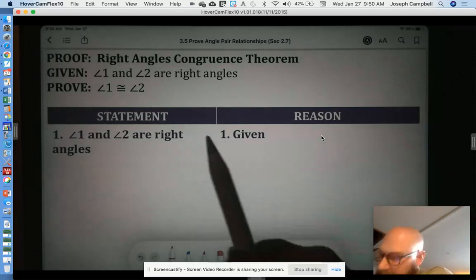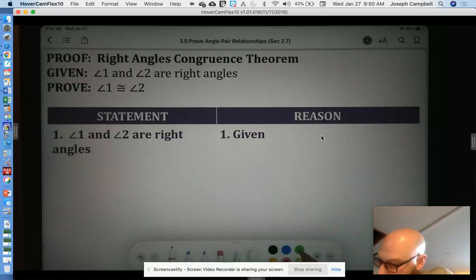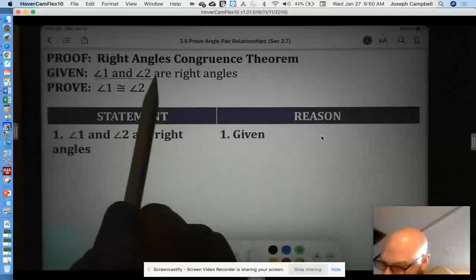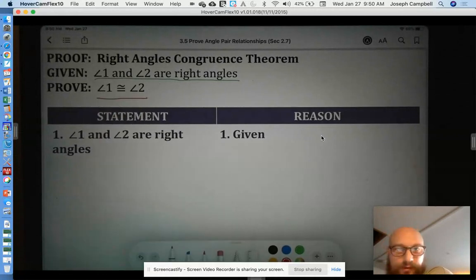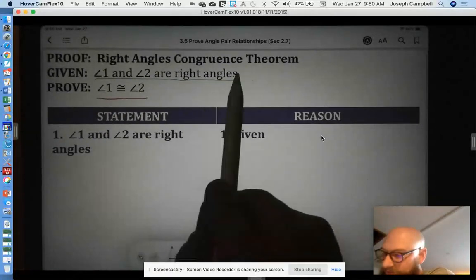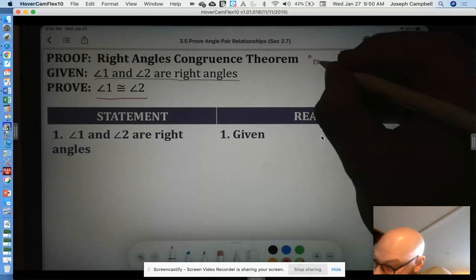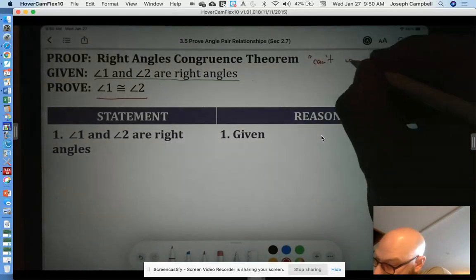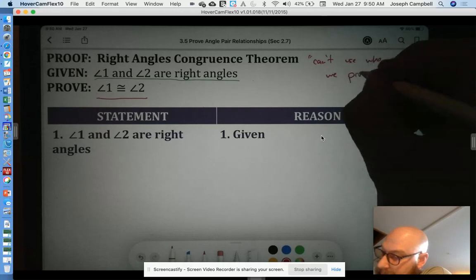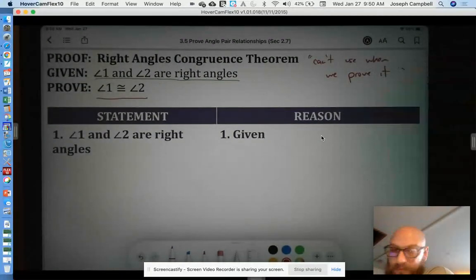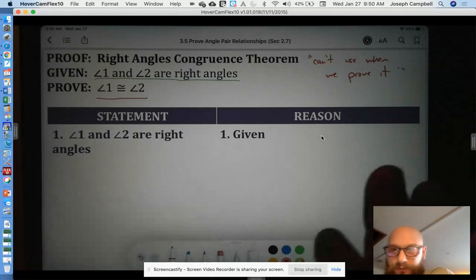Okay, so we are starting here, right, and we want to end with them being congruent. We can't use the right angles congruence theorem when we prove it. Okay, so we have to use other stuff.